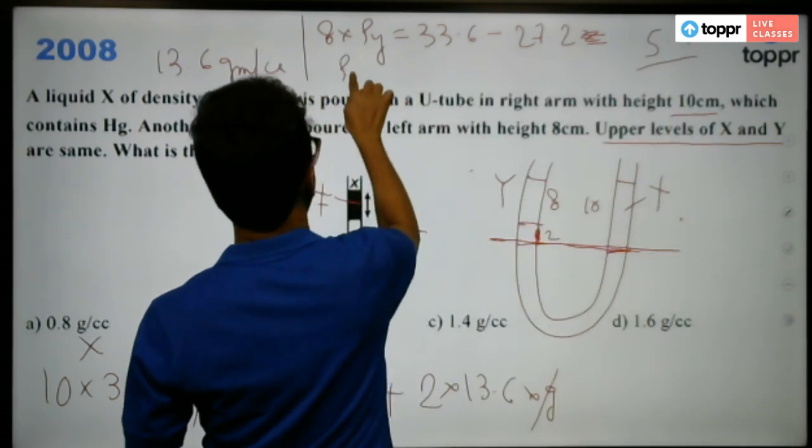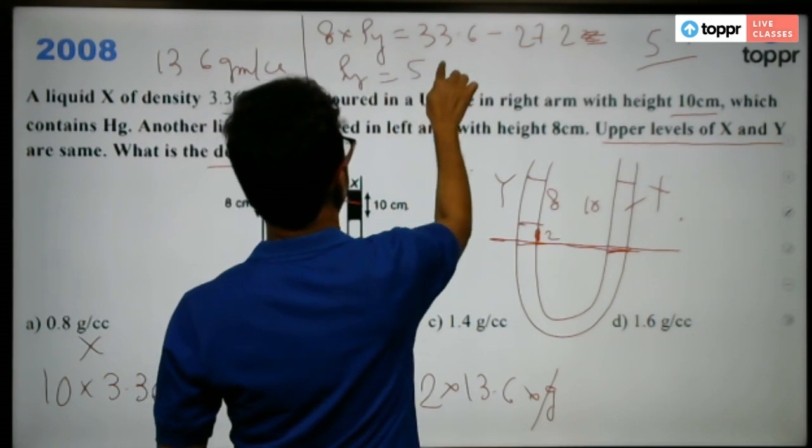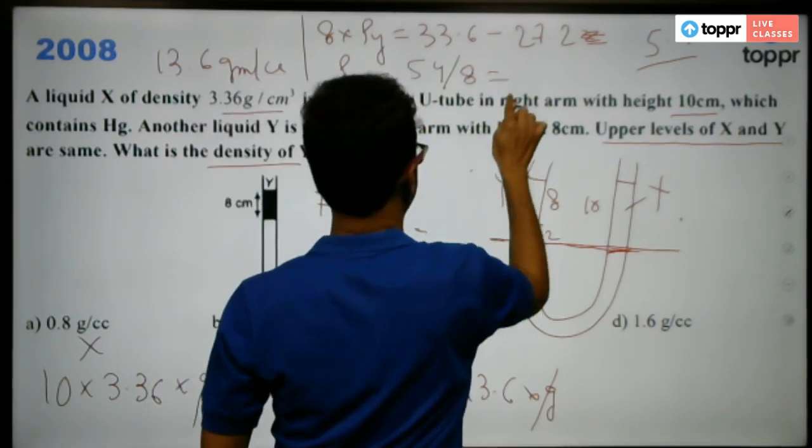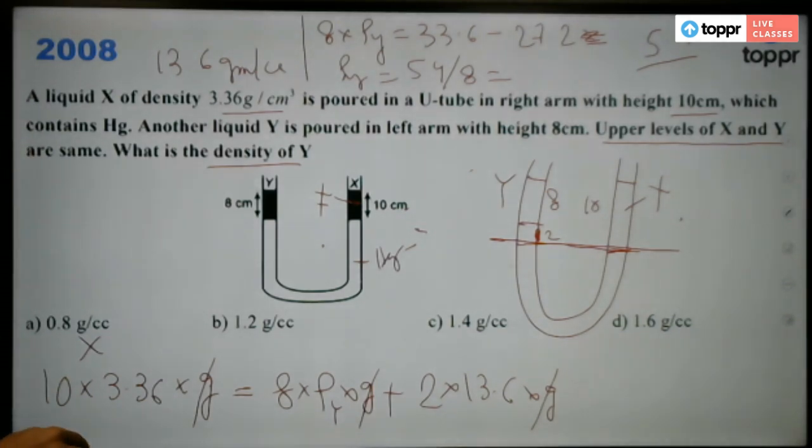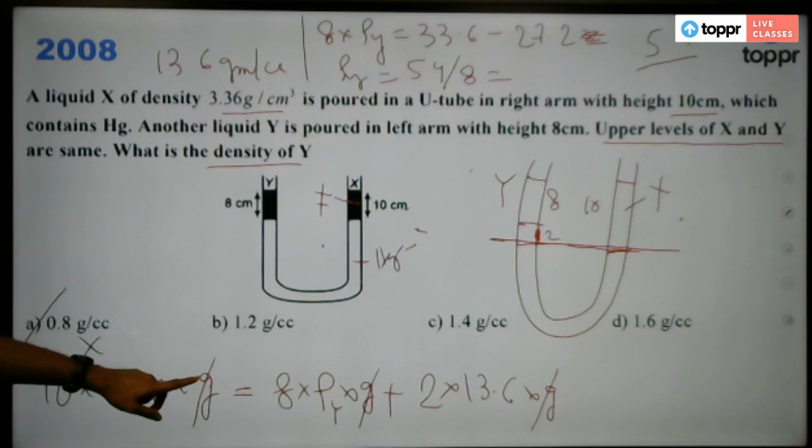So rho Y will be 5.4 divided by 8. It will be nearly 0.8 gram per cc. Just check whether the calculation is okay, right?